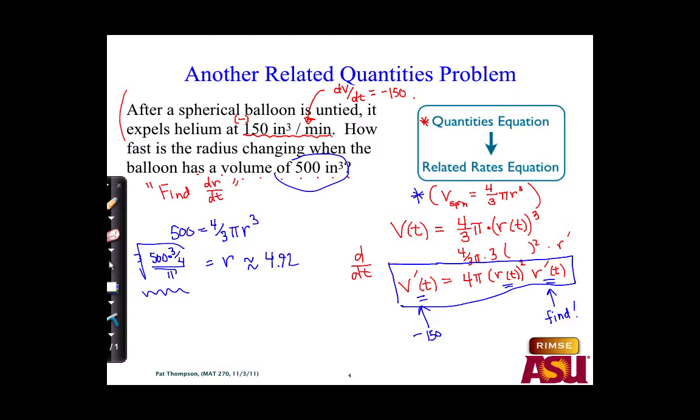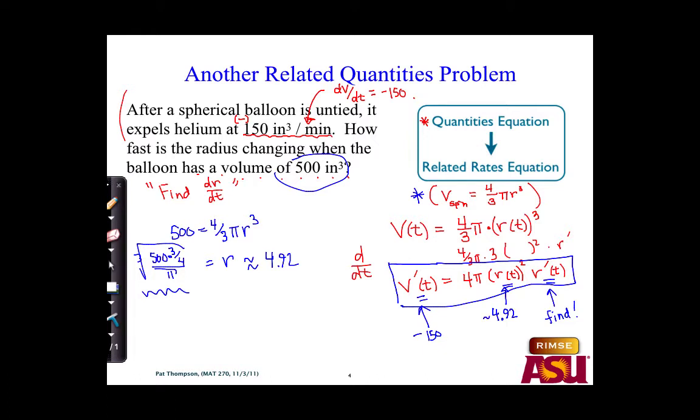So this is that number in approximate form that corresponds to volume of 500. And I'd need to plug it in here. Now, in reality, to get the most precise answer, I'd want to use the unapproximated form. But for purposes of just not going crazy looking at this, let's say I put in this number, which is about 4.92 in that spot.